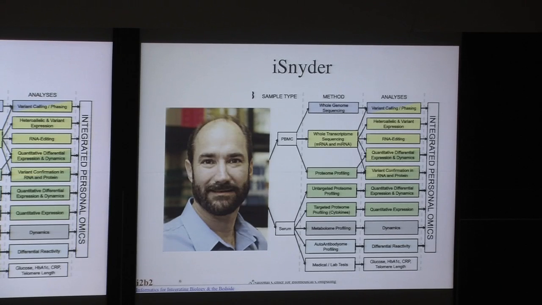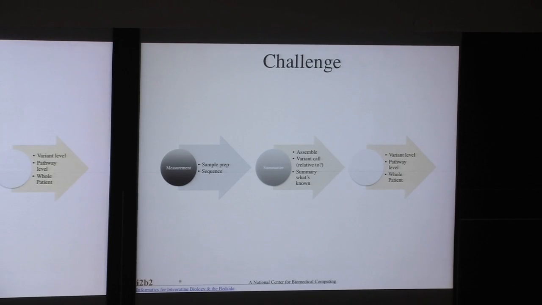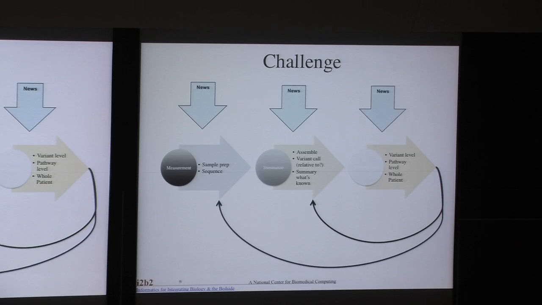I think he is showing us the way. And I think this will allow us to have the beginnings of mechanistic interpretations, because population studies alone will be insufficient. So the challenge is the one I showed you before: to do that pipeline and bring it back so that you can understand at every point in the pipeline how you arrived at each of the conclusions, and to update it in real time.